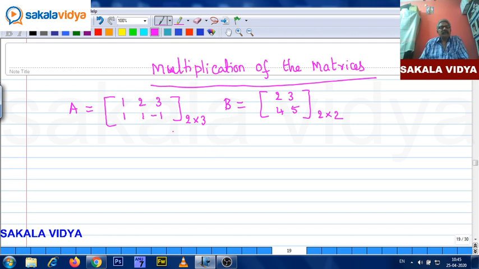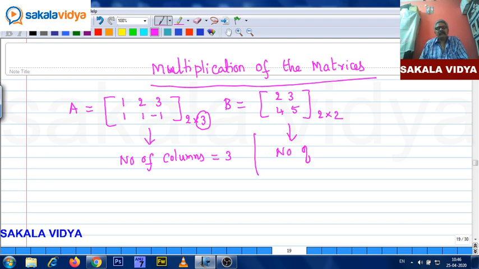So, for example, here in this matrix A, number of columns is equal to 3. In this matrix B, number of rows is equal to 2.